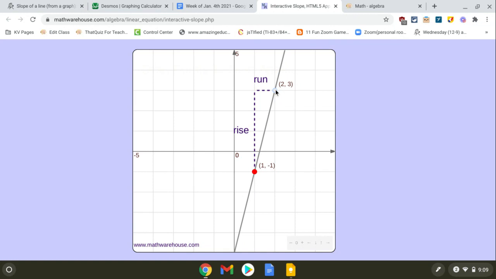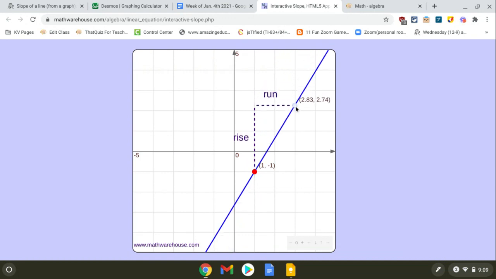All right. Now, another word that they might use to describe it, as far as science and stuff, they would call it rate of change. So how much something up and down is changing with respect to how much it's going over.